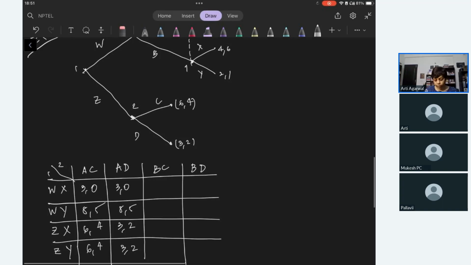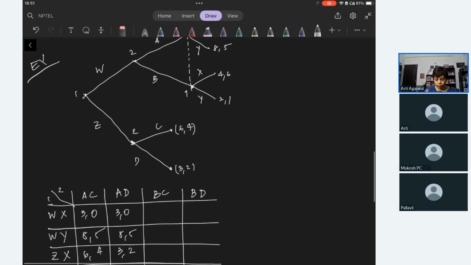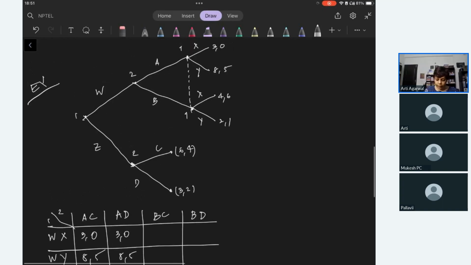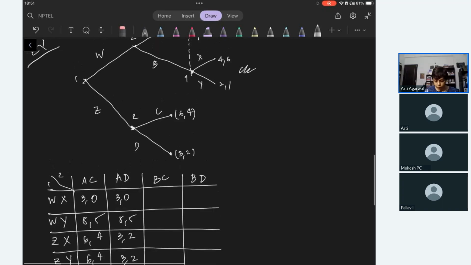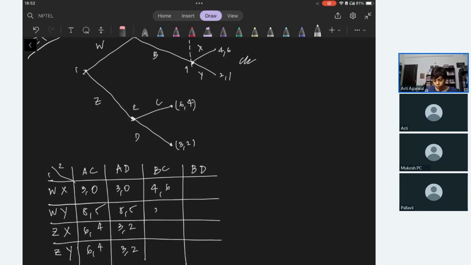So W, X, B, and C. If B, C is getting played, then the second node is getting used. So this is 4, 6. And W, Y for B, C is 2, 1.